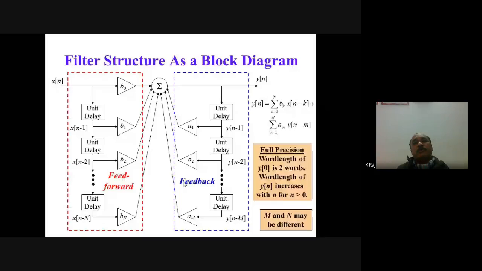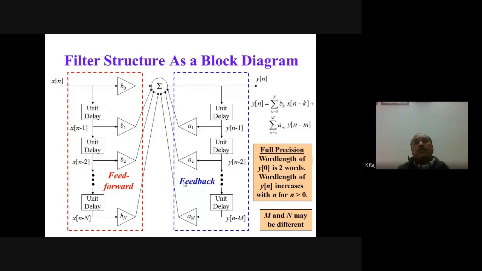And the fourth parameter is related to the finite precision, because during the implementation we have to consider the finite word length, but during the designing we have considered the infinite precision. So when we consider the finite precision, there will be a lesser number of word length.